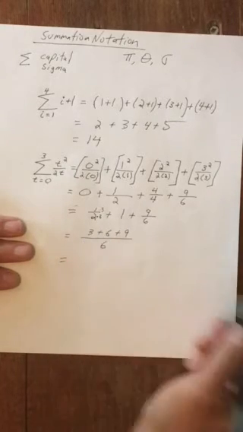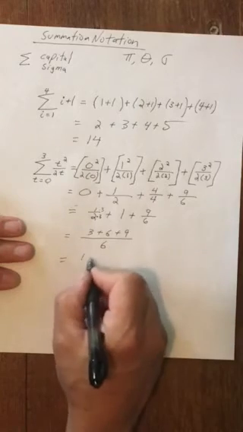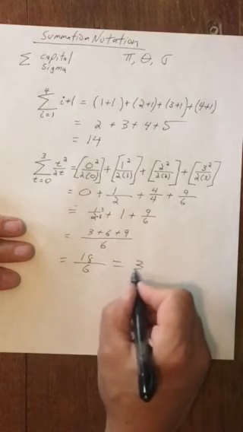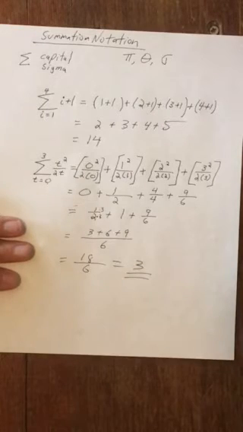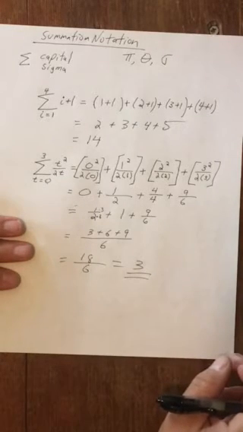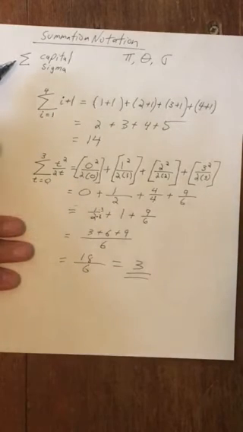So 3 plus 6 is 9, and another 9 is 18, all over 6, and 18 divided by 6 is 3. So that would be our answer. Okay, so that's a pretty down and dirty description of summation notation. Again, the symbol we're going to use is capital sigma.